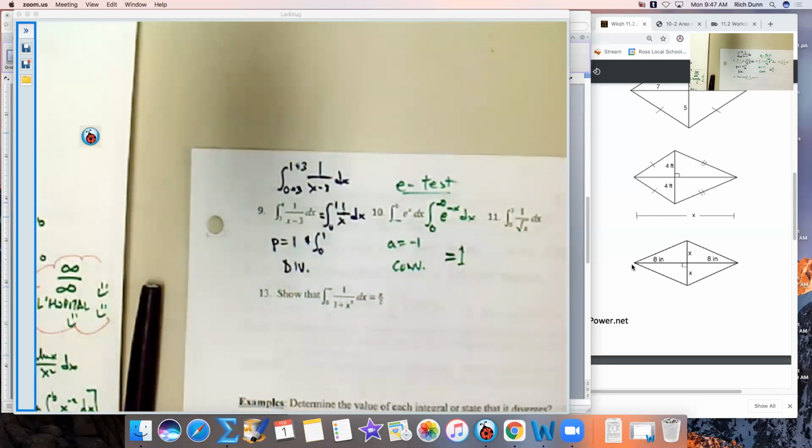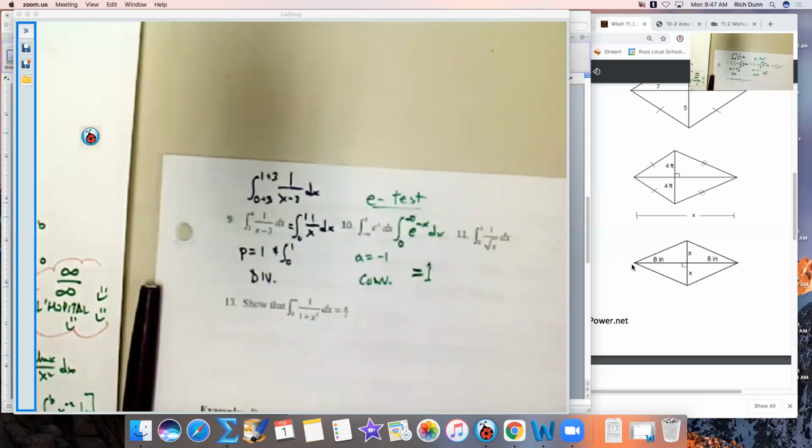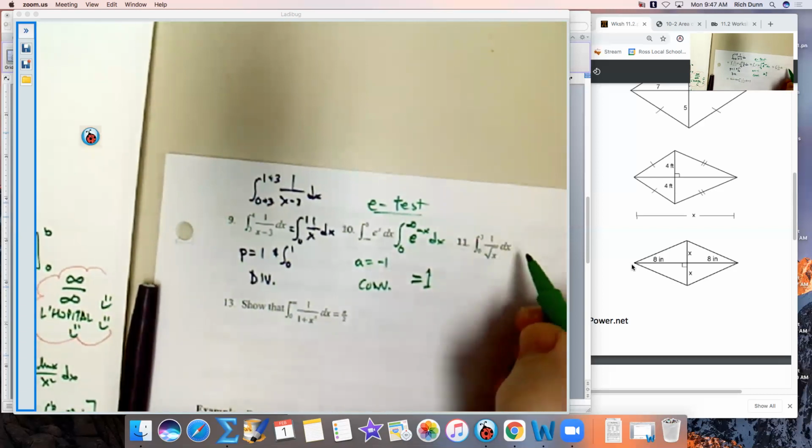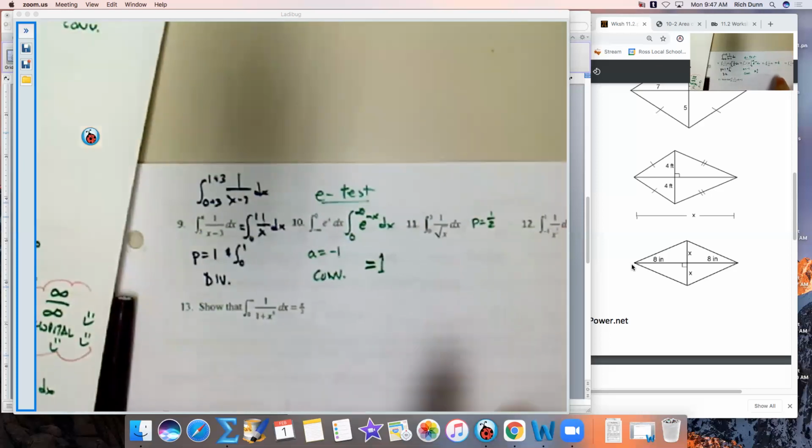Let's take a look at our next one. In this one, obviously our p-value is 1/2. That's that square root.